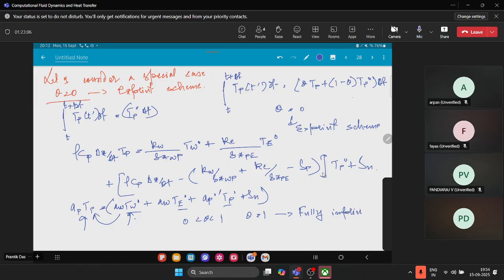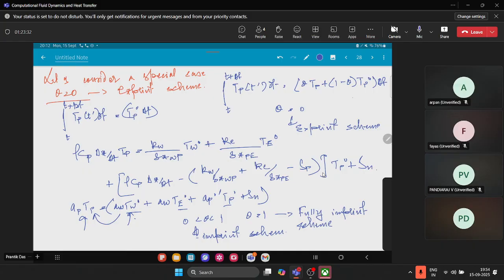In the case of implicit and fully implicit schemes, one thing you can see is that you have to form a matrix. That's a pain, but it is much more numerically stable.